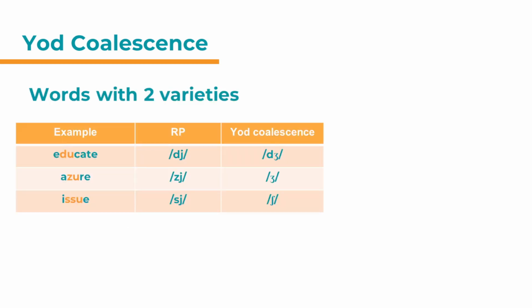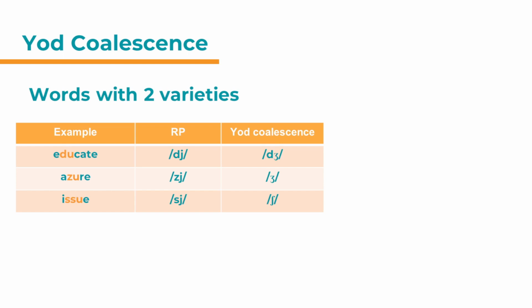Now let's have a look at some more words with two varieties. We talk about the original pronunciation as RP, received pronunciation, that is standard British English, and the one variety with Yod coalescence.